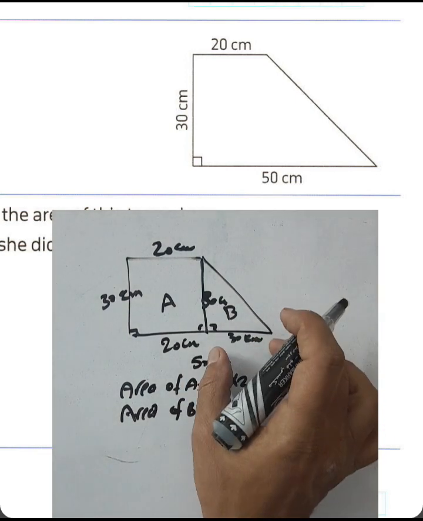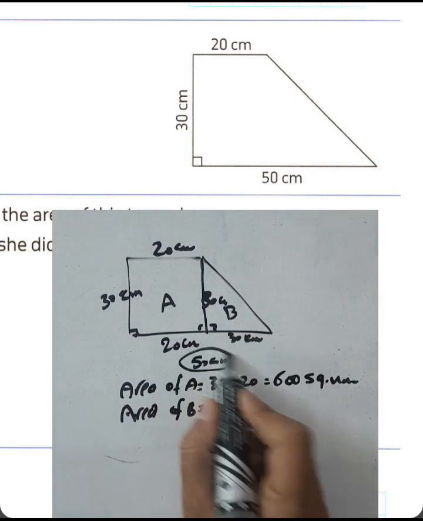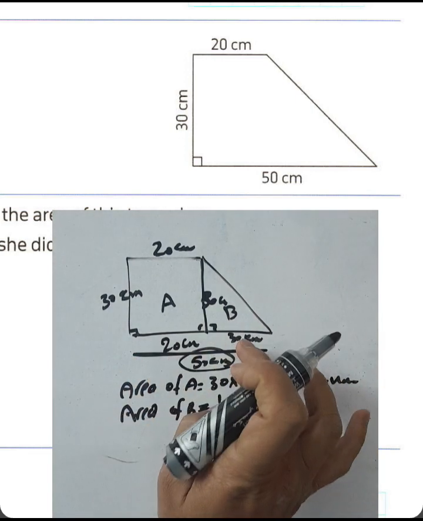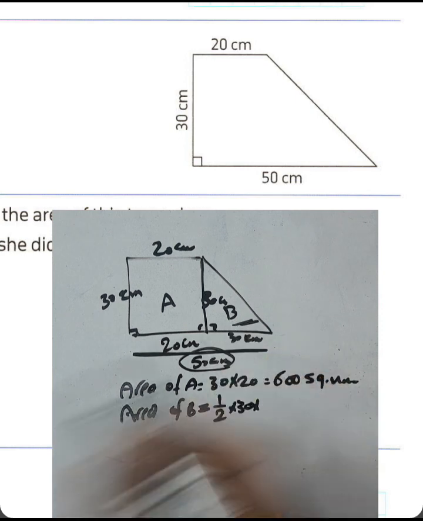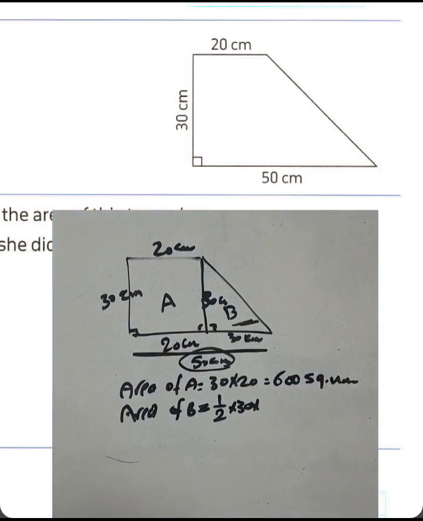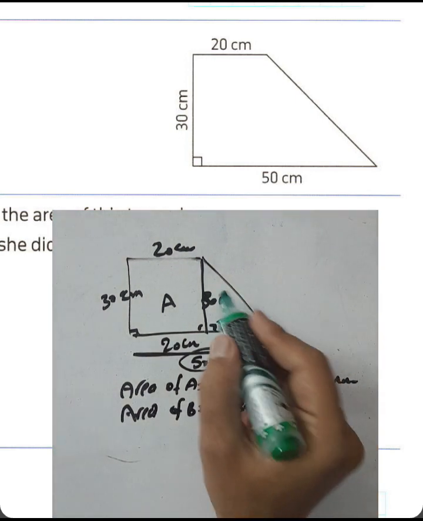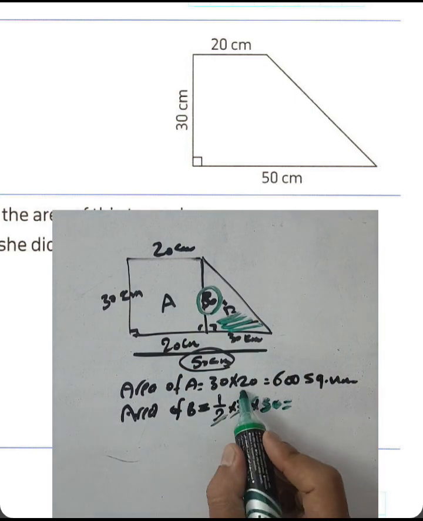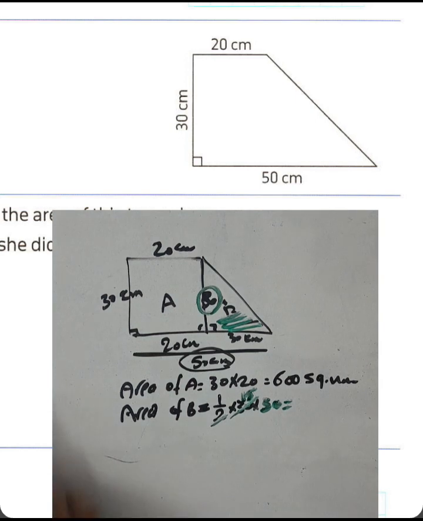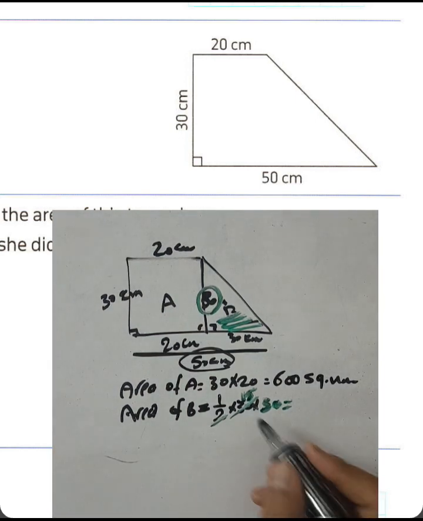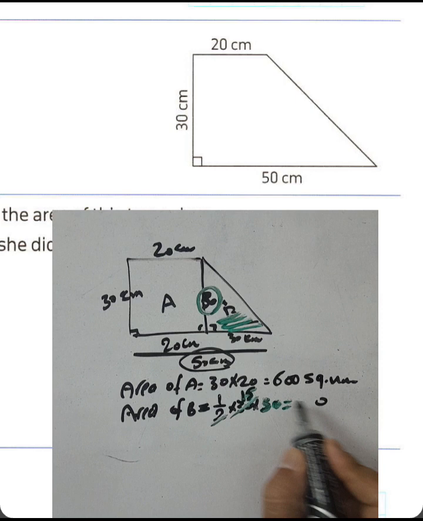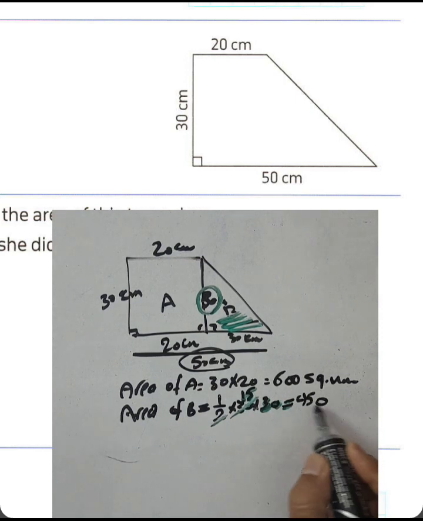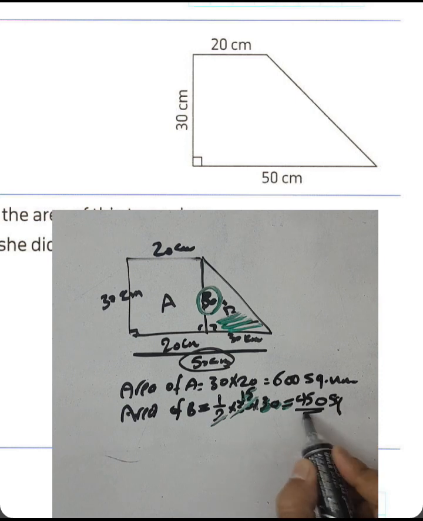The base was 30, because 50 minus 20 equals 30. Then this triangle, the base here will be 30, and the height was 30. Half times 30 equals 15. 15 times 30: write 0 here, and 3 times 15 equals 45. Then the result will be 450 square units.